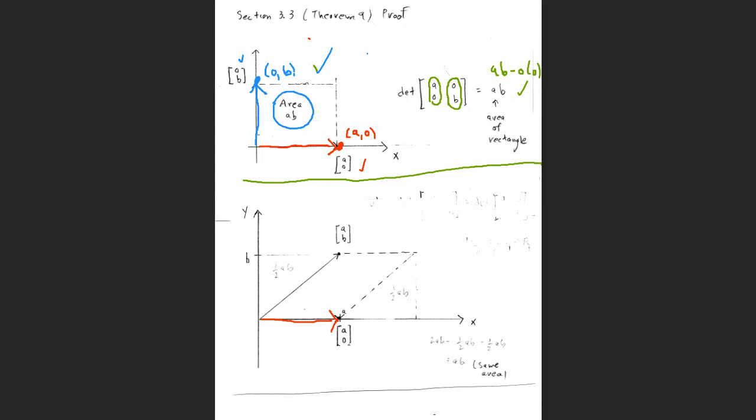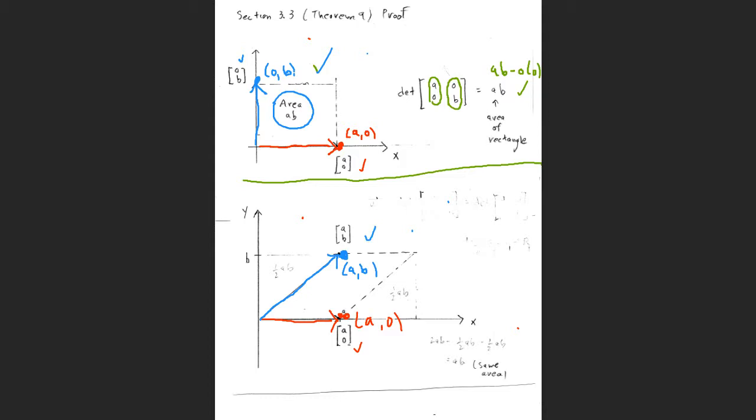Well, this is A0, so here's the vector A0 with those components, and up here that point has coordinate AB. And so there's the vector AB.